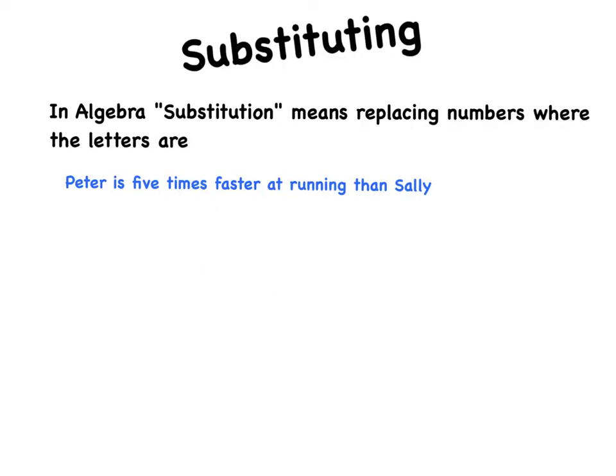By the same regard, okay, if Sally ran 6 kilometers, and Peter is running 5 times as fast as her, how far did Peter run? Again, I substitute in 5 multiplied by 6. Because remember, when you have a number and you have a pronumeral side by side, that simply means multiplication.